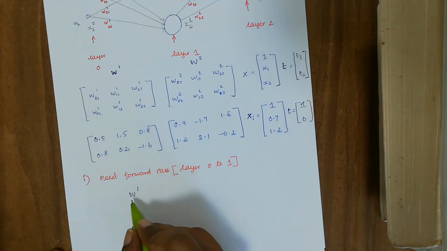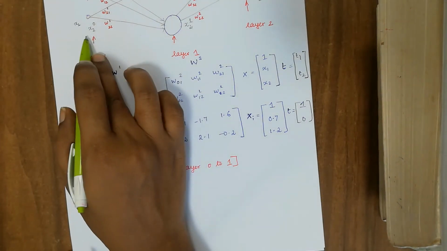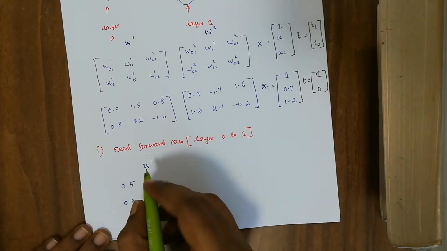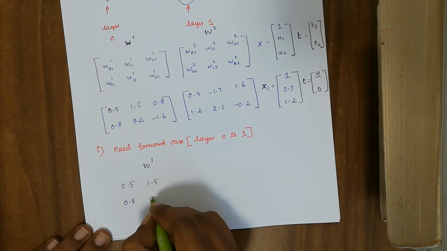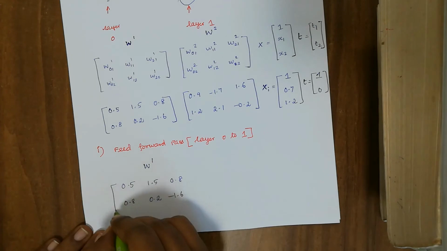Now let us take the W1 matrix and multiply it with the actual input. Now let us give 0.5 and then 0.8 and then 1.5, 0.2, 0.8 and then minus 1.6.